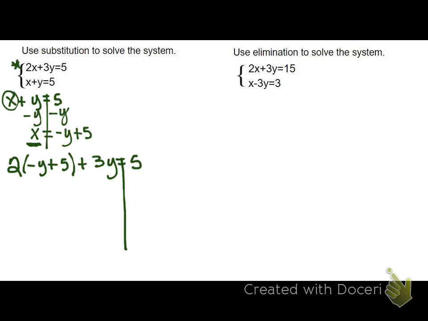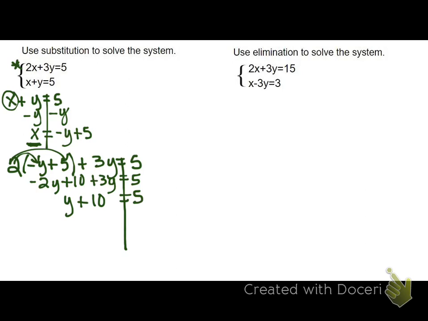What's my next step from here? I'm going to distribute. When I distribute, I get negative 2y plus 10 plus 3y equals 5. Then you combine like terms, which gets y plus 10 equals 5.